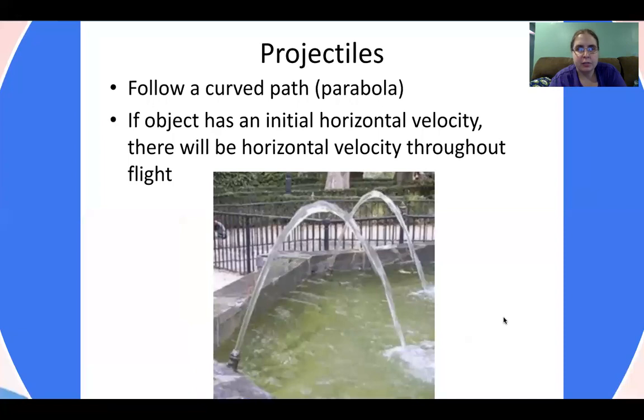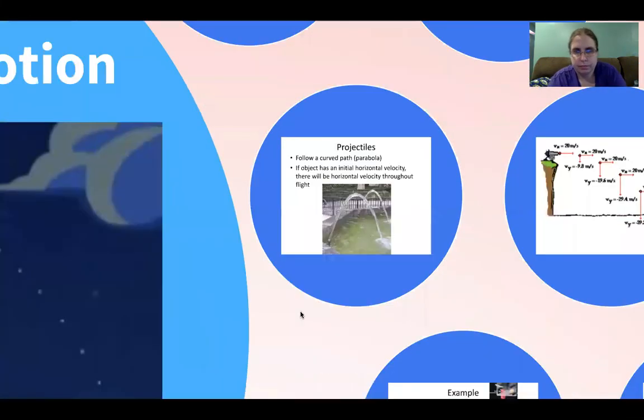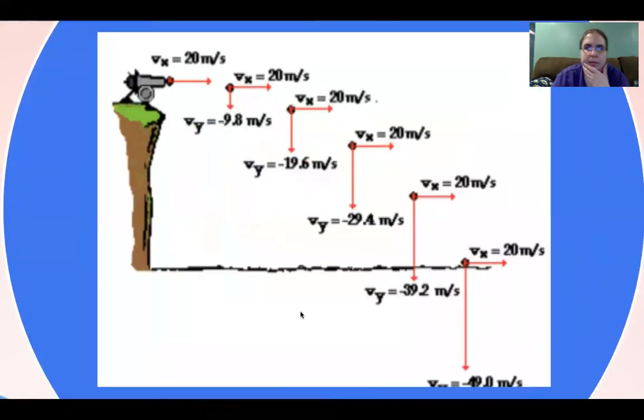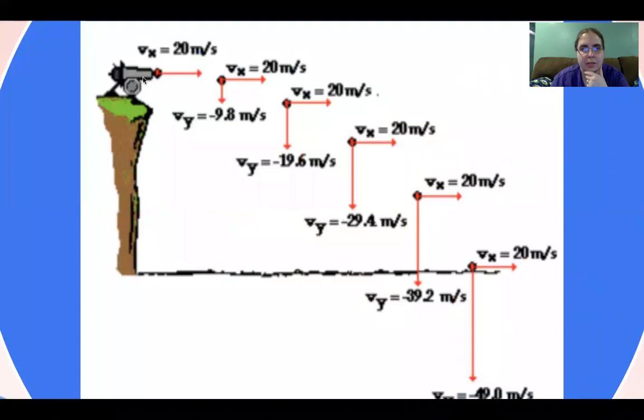So projectiles follow a curved path. We call this a parabola. If an object has an initial horizontal velocity, then there will be a horizontal velocity throughout the entire path, which is why it keeps going farther away from the starting point. So here we see a cannonball is fired.